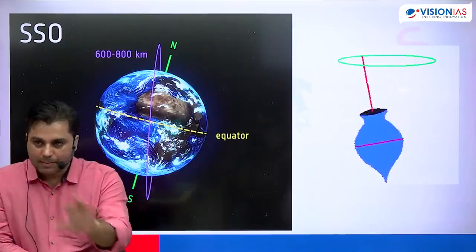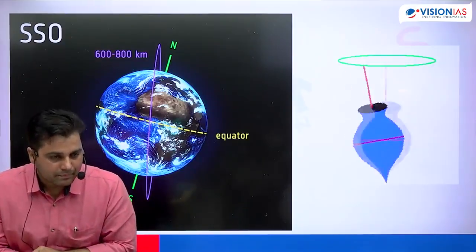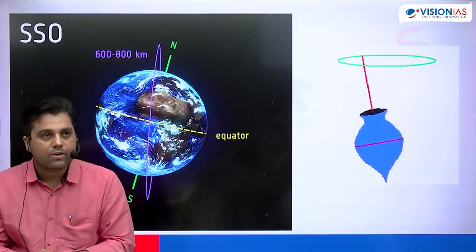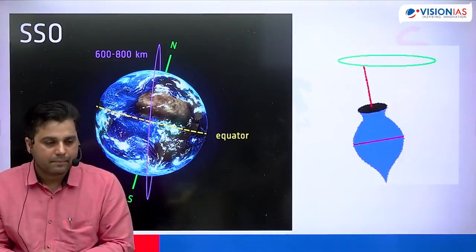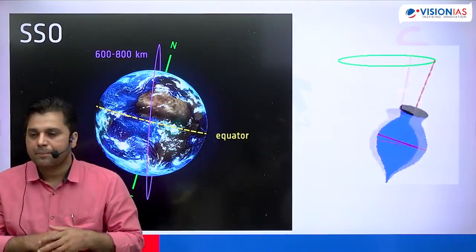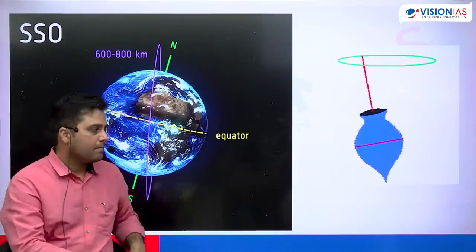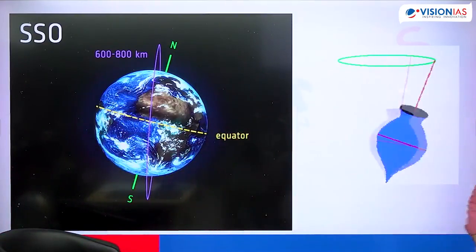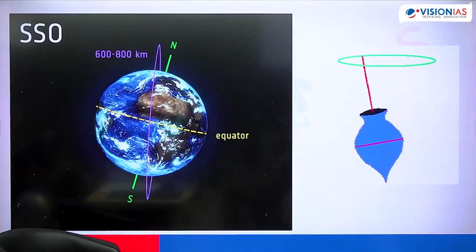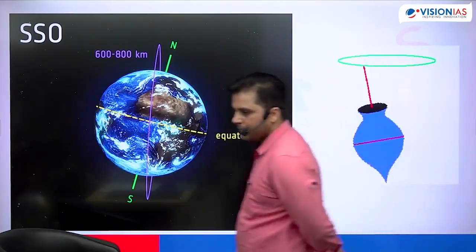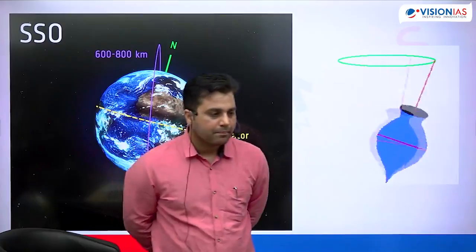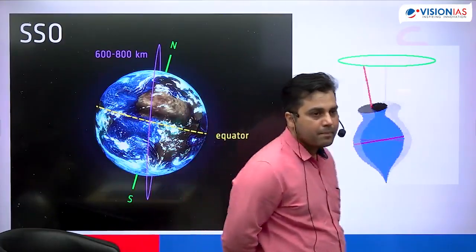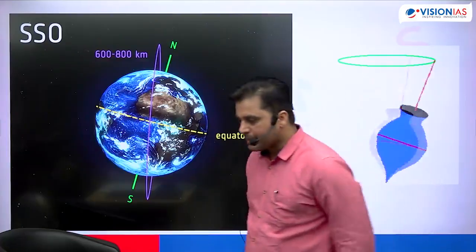I will also demonstrate this, but first, just write it down. Earth is not a perfect sphere. Because of that, for high inclined orbits, there is a torque which causes satellites orbit to precess.